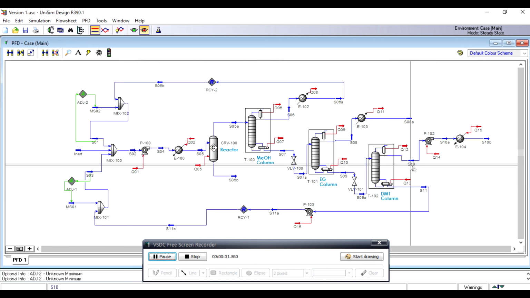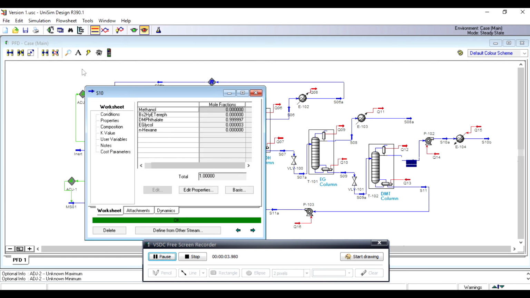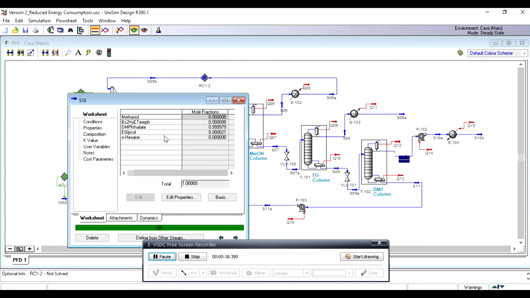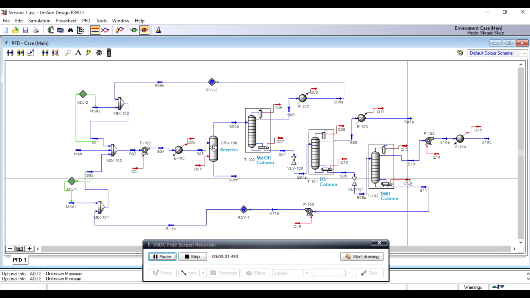For the DMT column, for the first version, a DMT of 0.999997 mole fraction was obtained. For version 2, a DMT of 0.999979 mole fraction was obtained, which is less pure than version 1.